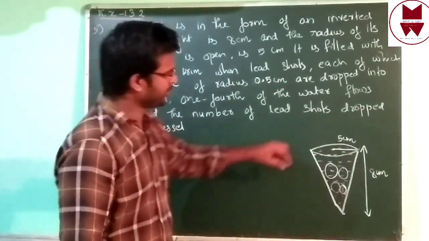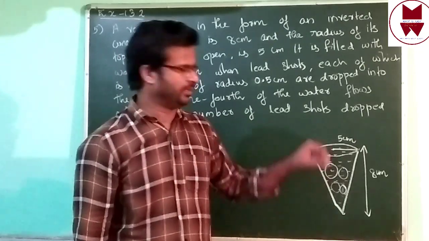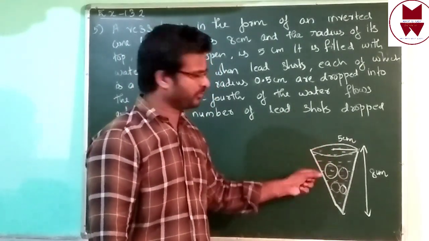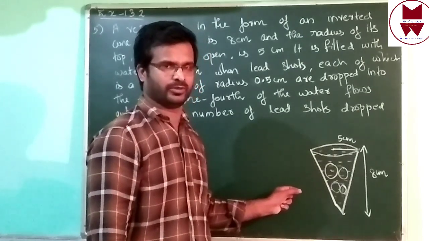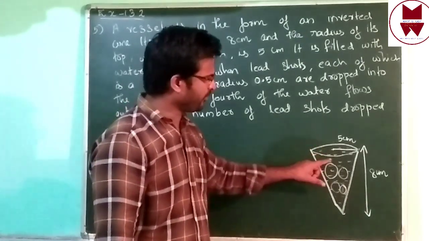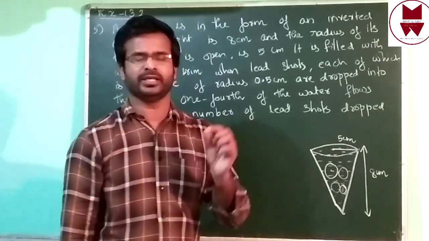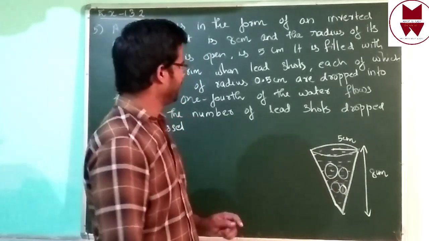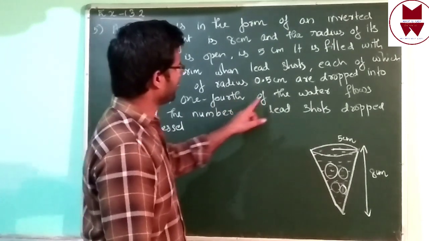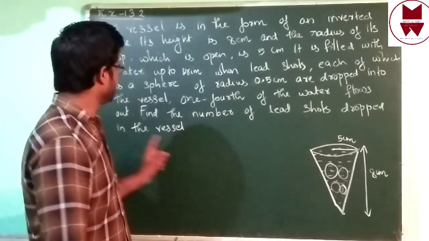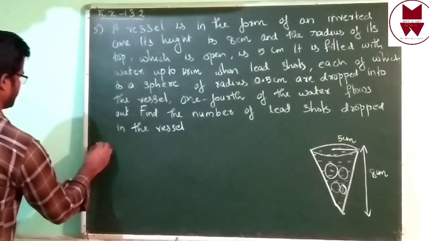If we put one lead shot in here, a little bit of water will go out. Again, if we put one more, again a little bit of water will go out, isn't it? That means the volume of the lead shots and the water going out will be equal. Find the number of lead shots dropped in the vessel.